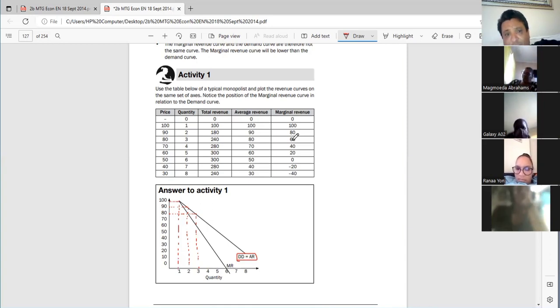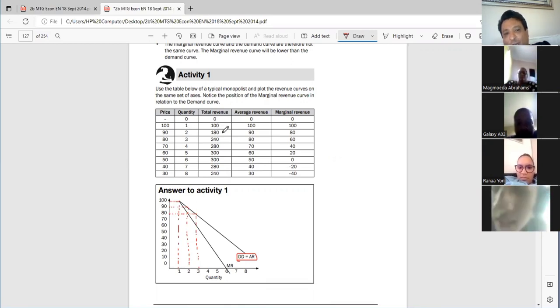Marginal revenue is the change in total revenue. In other words, come and show you. Look at quantity 2, price 90. Can you see that? The total revenue is 180.